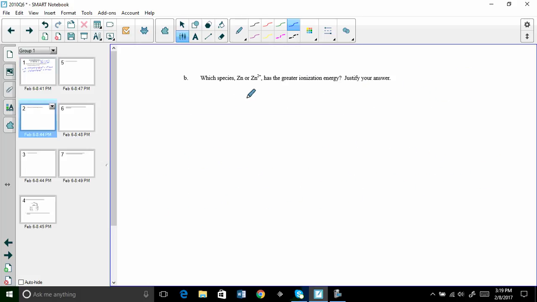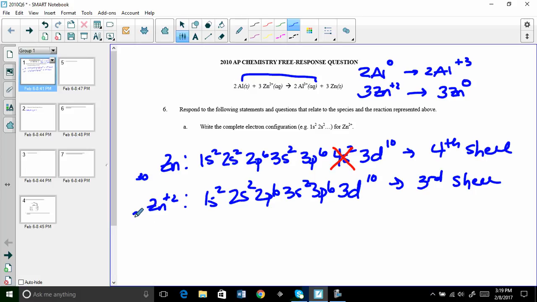Which species has a greater ionization energy? Justify your answer. So now here is my template. Remember, when you have these equations, we're going to talk about shells and shielding electrons. We are not going to talk about effective nuclear charge, because they both have an effective nuclear charge of 30.